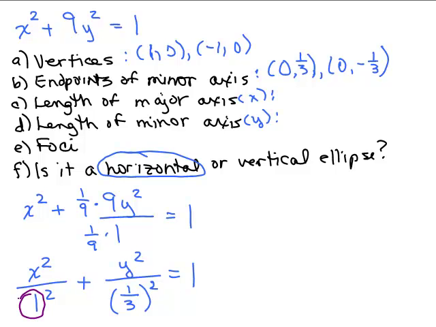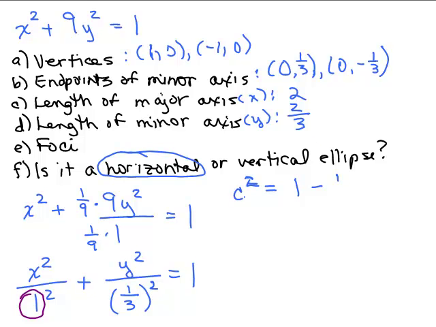The length of the major axis, okay, it's twice this number down here, right? 2 times 1 is 2. And the length of the minor axis is twice this number, so that's 2/3. Last thing to do is the foci. So c squared equals, whoops, doesn't look like 2/3. C squared is big number minus small number, but it's the actual full denominator, 1 minus 1/9.